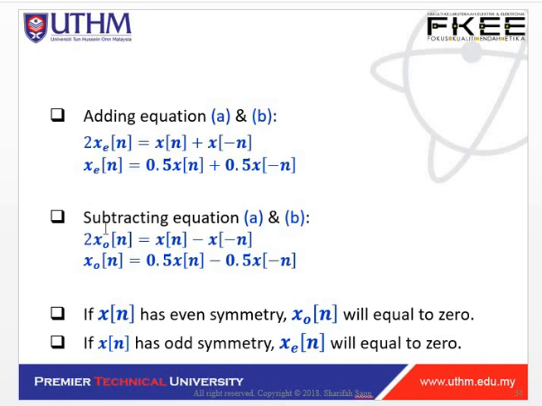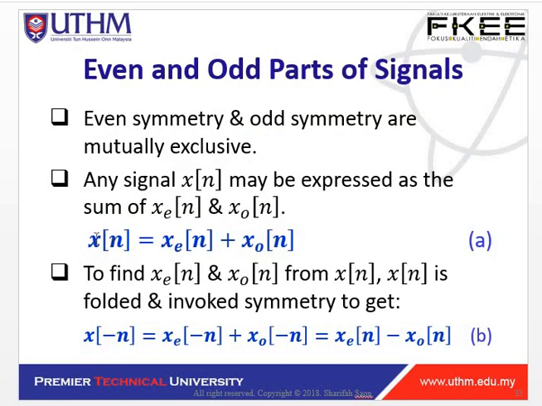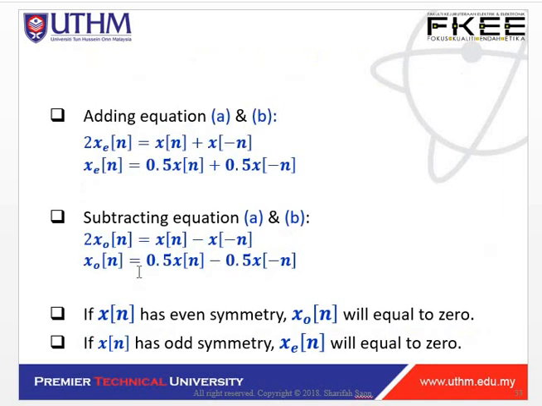What will happen if we subtract the equations A and B? You subtract x[n] minus x[-n].